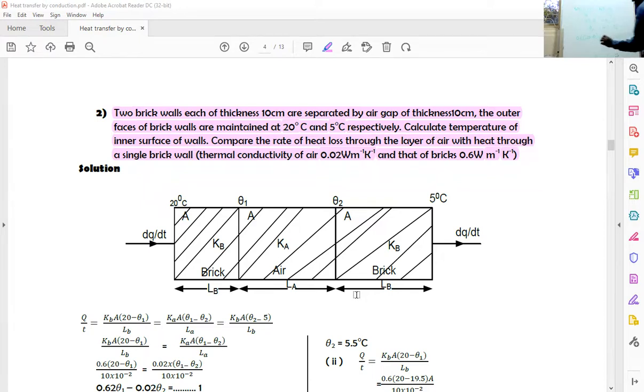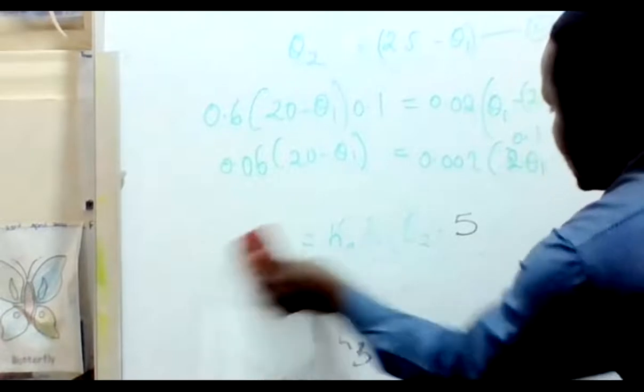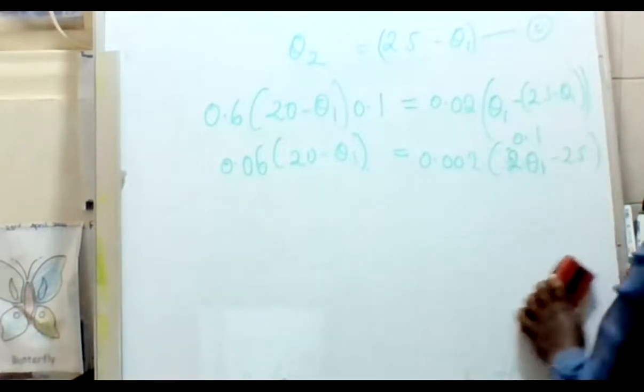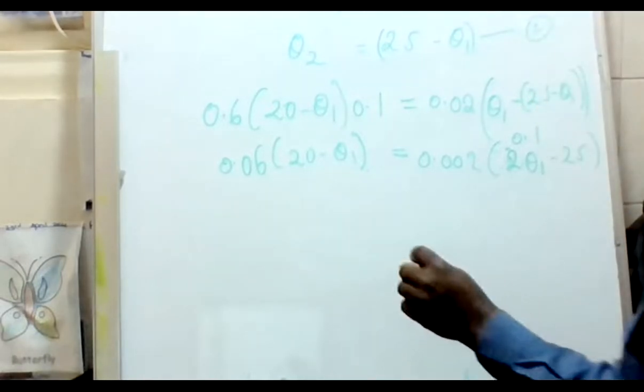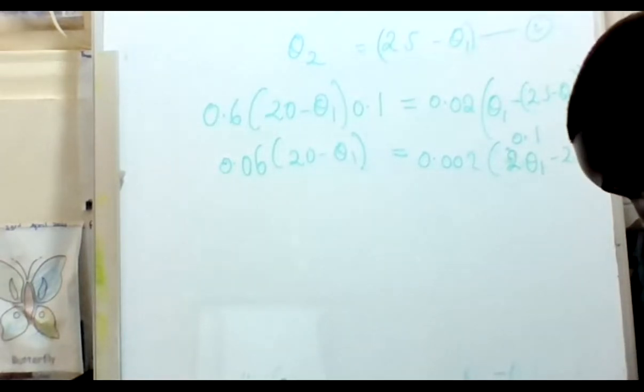Now, open the brackets. We're going to have 0.06 times (20 minus theta 1) being equal to 0.002 times theta 1, so this theta 1 will add up here: it's going to be 2 theta 1 minus 25. I hope we can remember our equations.